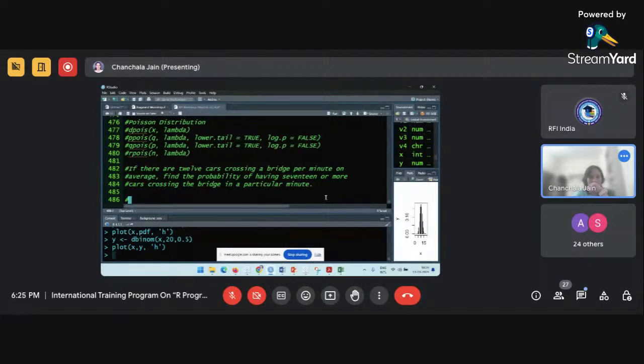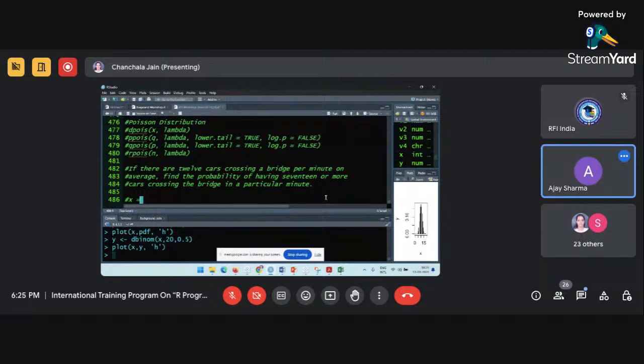dpois, ma'am, dpois. ppois. Very correct, Santosh sir, very correct. Good. So if I talk about x, what will be the x here? Maybe 12. I don't know. Not sure, ma'am.